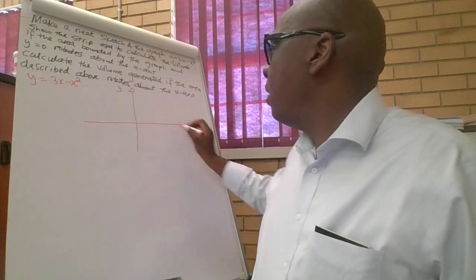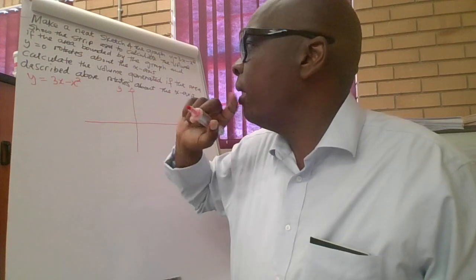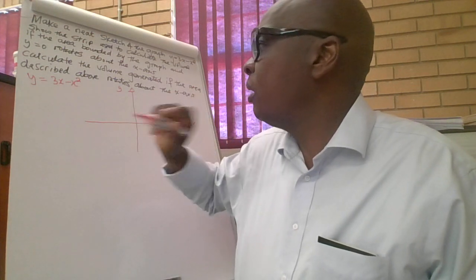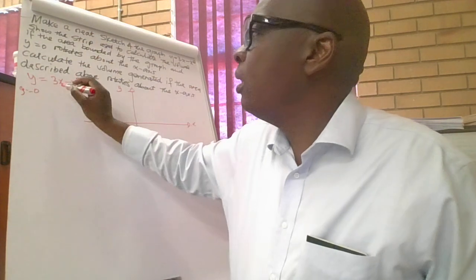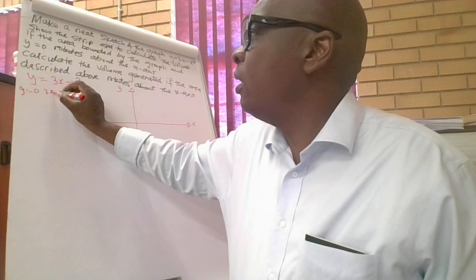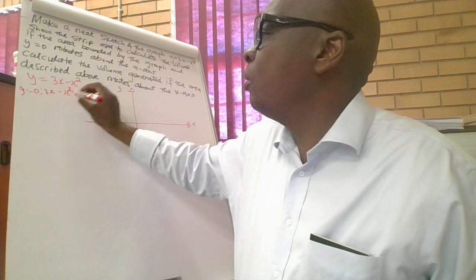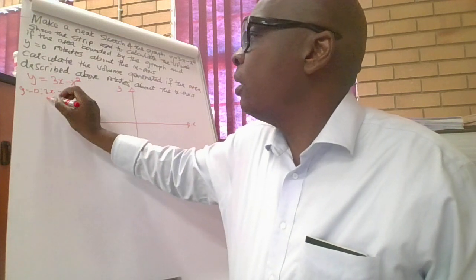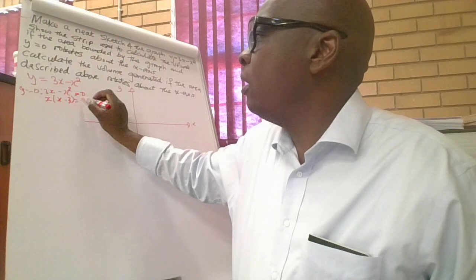So if that is my y-axis and that is my x-axis, and I look at y is equal to 3x minus x squared, notice if y is equal to 0, then I have 3x minus x squared being equal to 0. Take out x there, you have x times (3 minus x) is equal to 0.